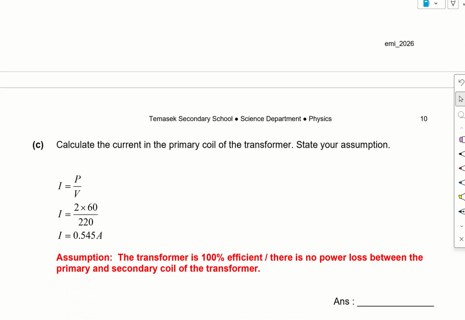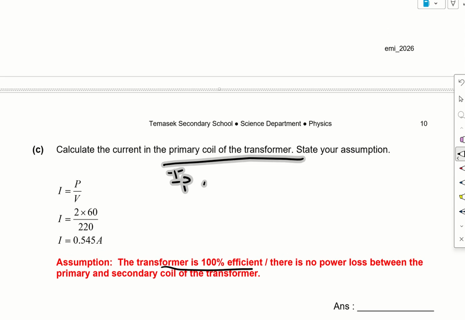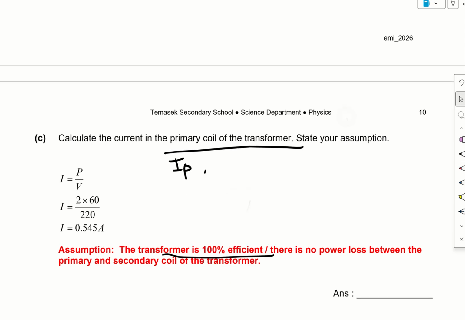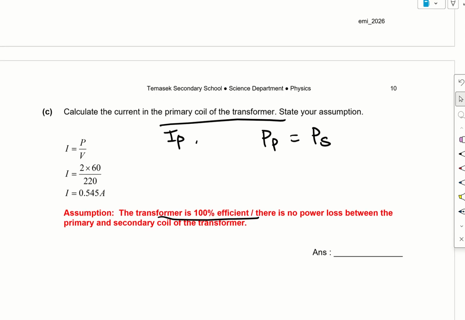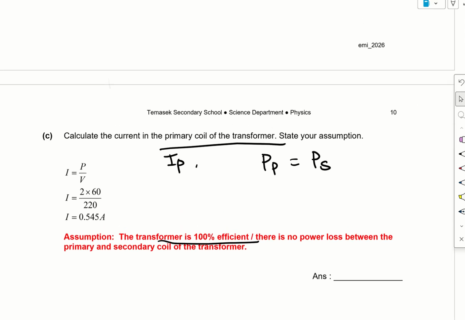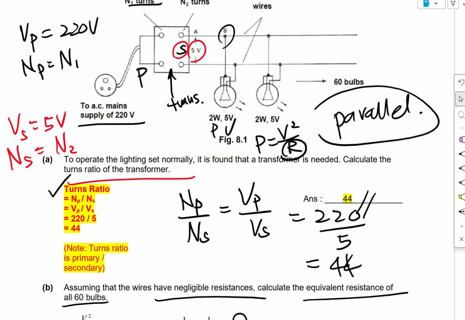Now, calculate the current in the primary coil of the transformer. I'm supposed to find Ip and state my assumption. We need to state that the transformer is 100% efficient so that we can apply Pp equals Ps.